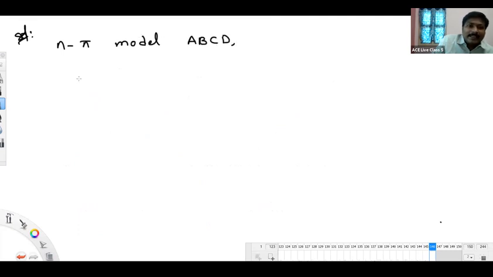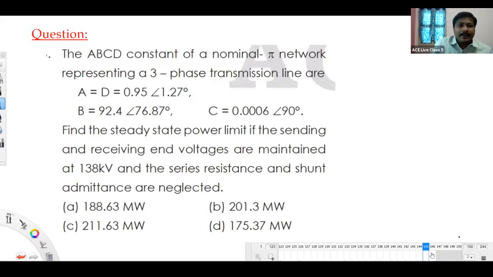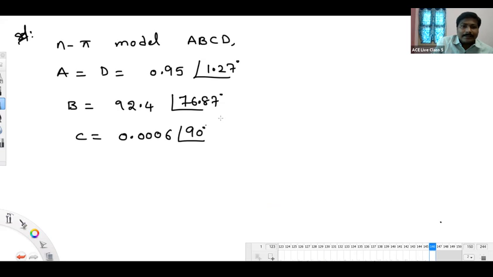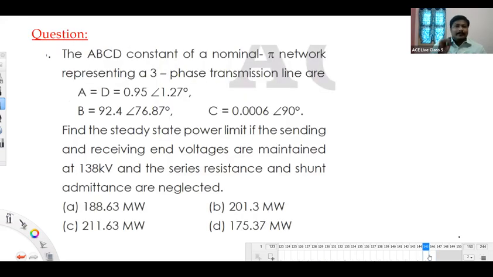A value is 0.95 at an angle 1.27 degrees. Parameter B is 92.4 at an angle 76.87 degrees. Parameter C is 0.0006 at an angle of 90 degrees. Okay, done.